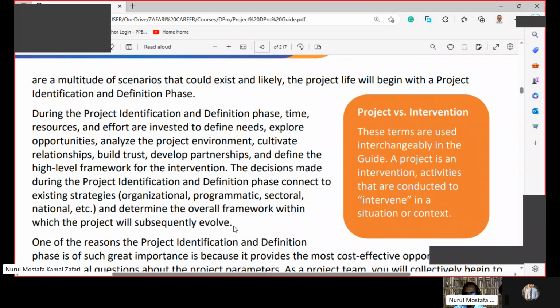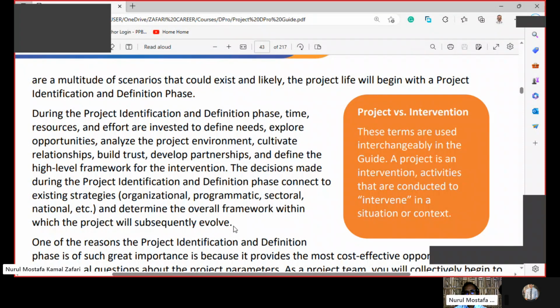Activities that are conducted to intervene in a situation or context. So you will see that the term project and intervention is being used interchangeably in this guide.